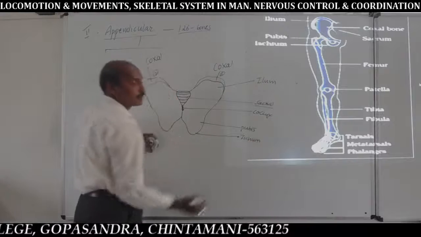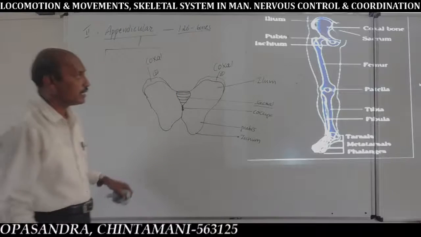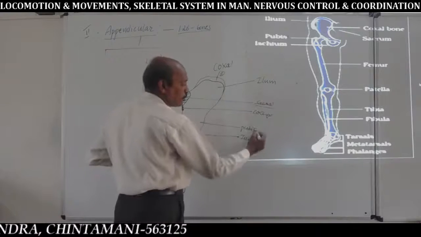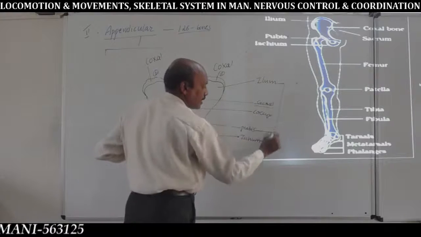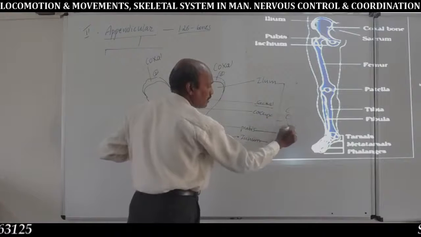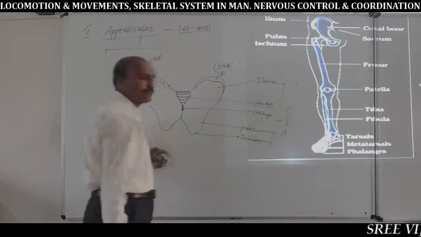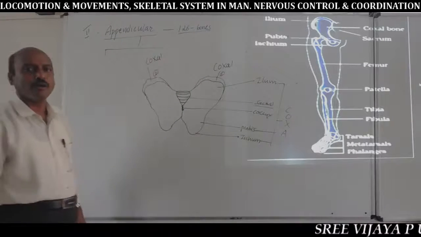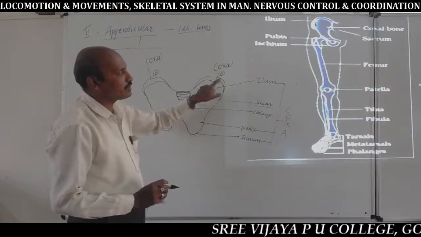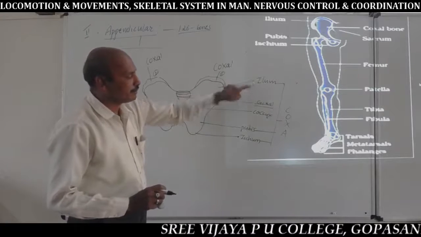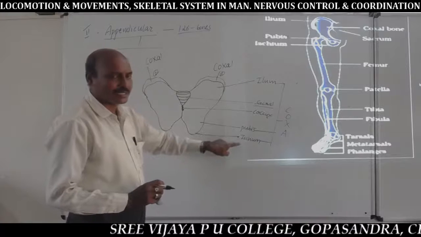You should remember ilium, pubis, and ischium are the 3 parts of the coxal bone. So each coxal bone consists of 3 parts, like ilium, pubis, and ischium.